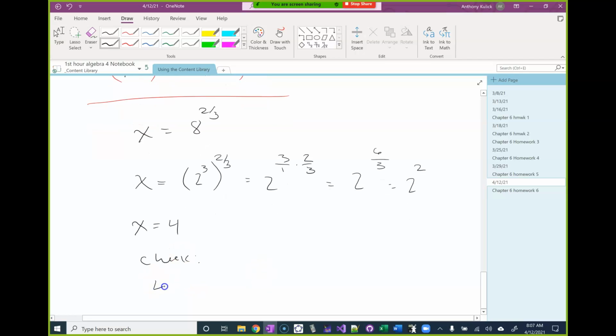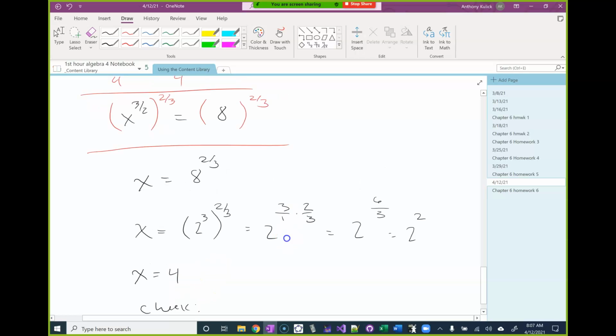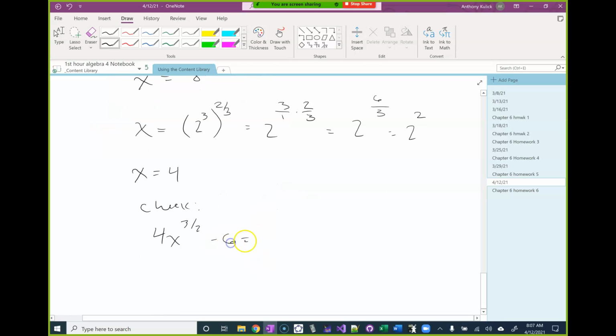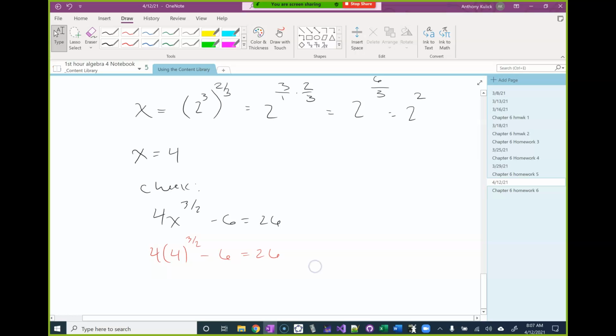We need to check that, though. So what it was, 4x to the 3 over 2 minus 6 equals 26. So if I typed 4 to the 3 over 2 into my calculator, I would get 8.